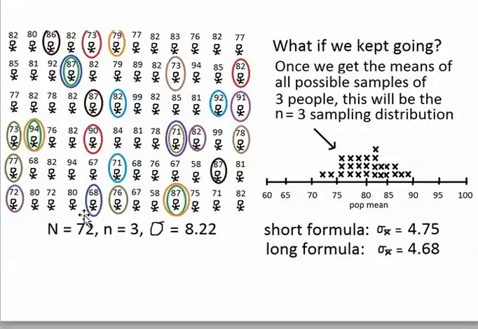I think it's actually about 24. The population is 24 times larger than the sample, which is why these two answers came out about the same.